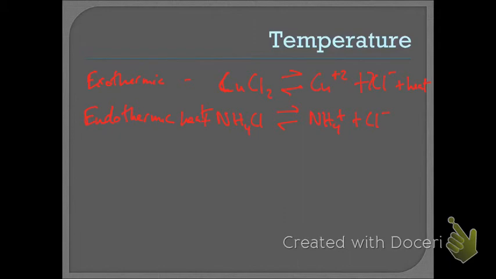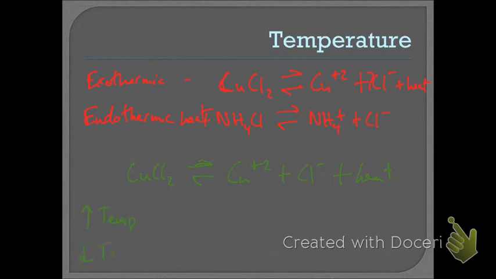And so if you treat heat as one of the products or reactants, it kind of makes sense. So what I mean by that is, let's just say we take CuCl2 and, okay, so if I increase the temperature, which way do you think the reaction would go?